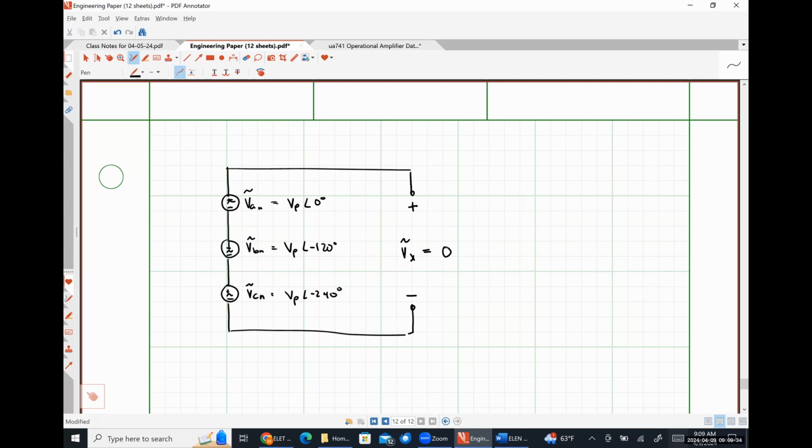Well, if they were all of the same angle, then you would just get 3 times the magnitude with the same angle. But how can you get the same angle when our coils are physically located 120 degrees out of phase with each other?